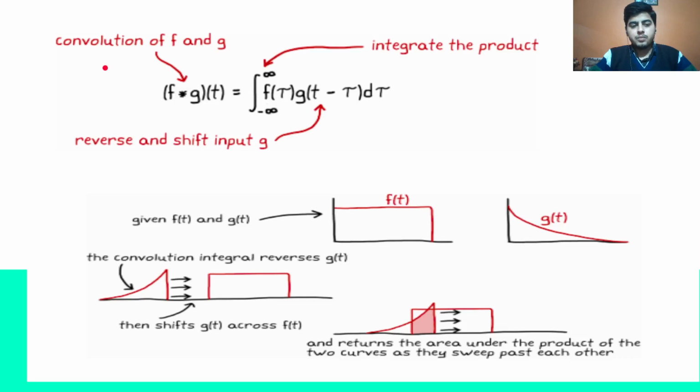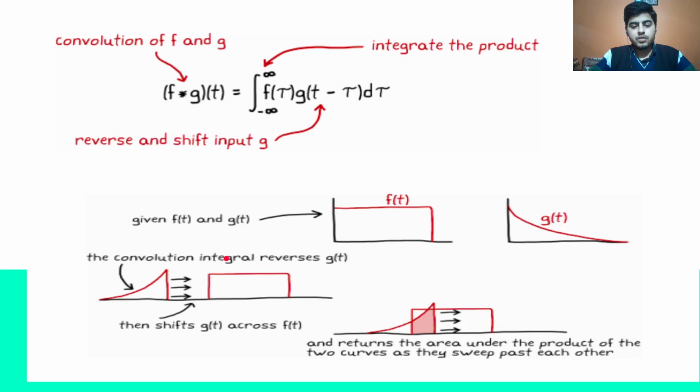To give you a brief idea of how this convolution happens, to understand it visually, we have two functions f and g.